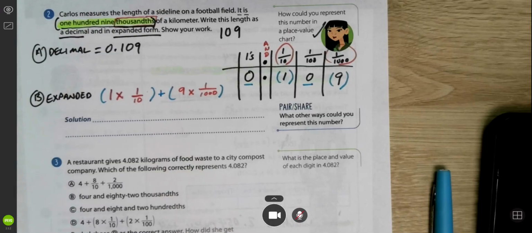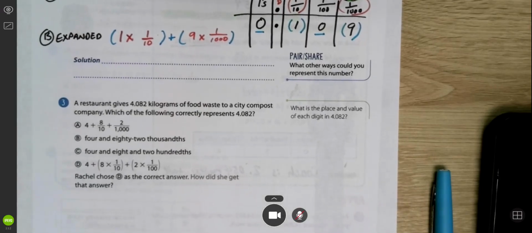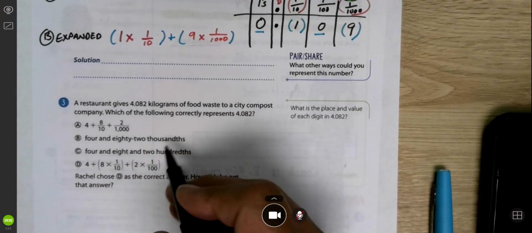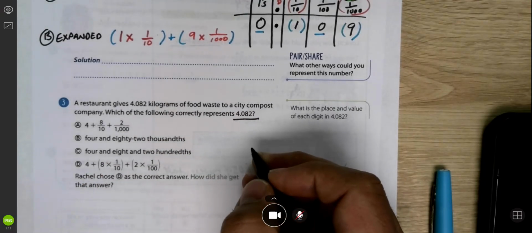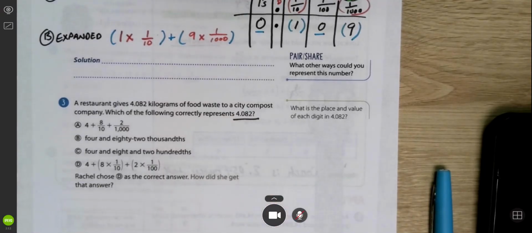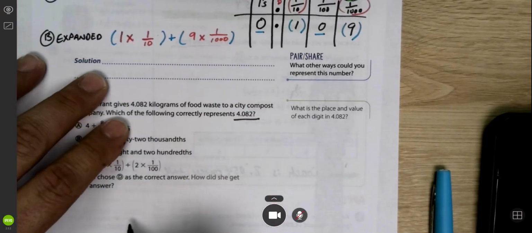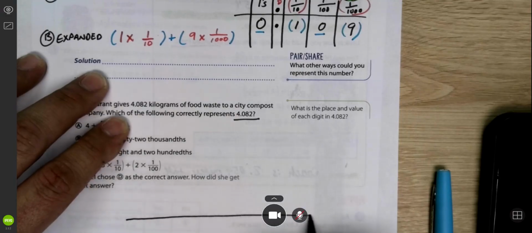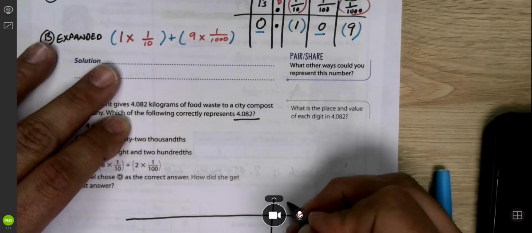Okay? Let's look at number 3. A restaurant gives 4.082 kilograms of food waste to a city compost company. Which of the following correctly represents 4.082 or 4 and 82 thousandths? Well, before we do any of this, we have to put it into a place value chart. The reason we do that is because it gives us the most information about this number possible.